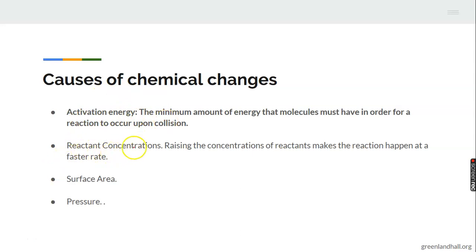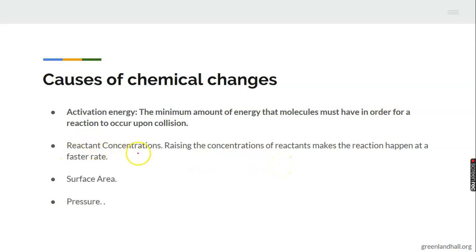Same thing, reactant concentration. When you are talking of concentration, you are talking of something that is concentrated, thick or rich. When something is rich, you can say it is well concentrated, unlike a diluted substance.